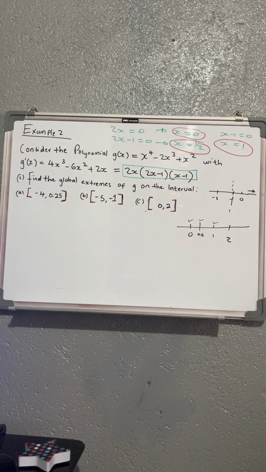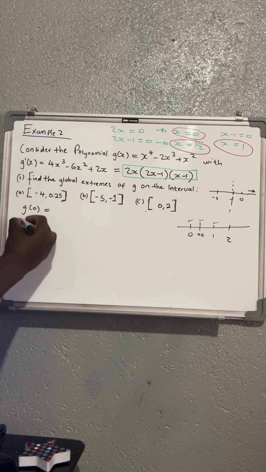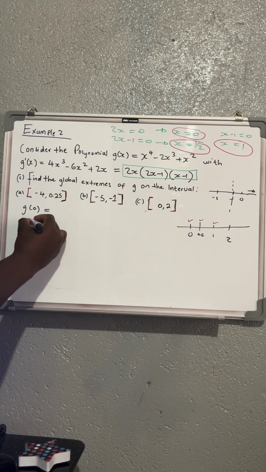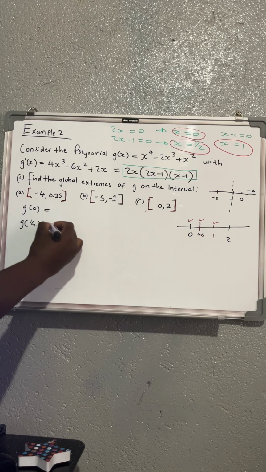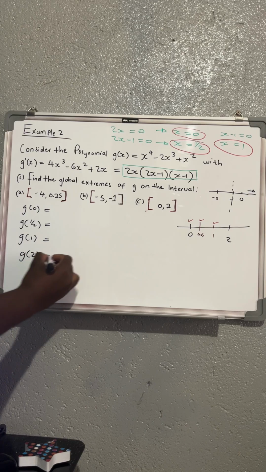So all the values are within this range. It means we're going to find our g of 0, g of half or 0.5, then g of 1, then g of 2.